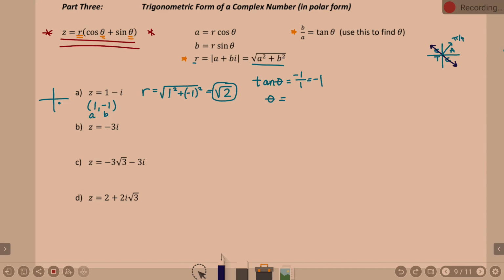What is the pi over 4 angle in quadrant 2? Three pi over 4. What is the pi over 4 angle in quadrant 4? 7 pi over 4. So officially, my theta values are 3 pi over 4 and 7 pi over 4.